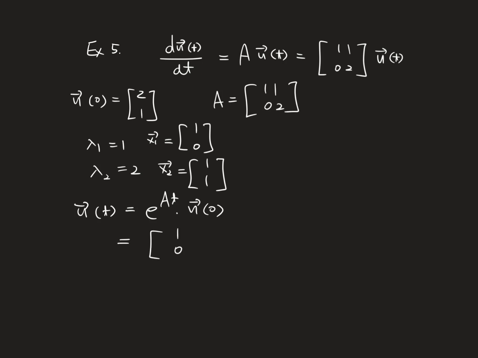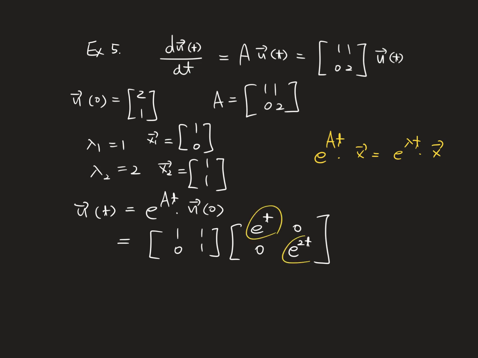This is 1, 0, 1, 1, which is the eigenvector matrix, and then e to the t, 0, 0, e to the 2t, because we know the eigenvalue of this matrix will be e to the lambda t. That's why we have this and this. And then we write 1, 1, 0, 1 inverse here. This is the end of section 6.5.